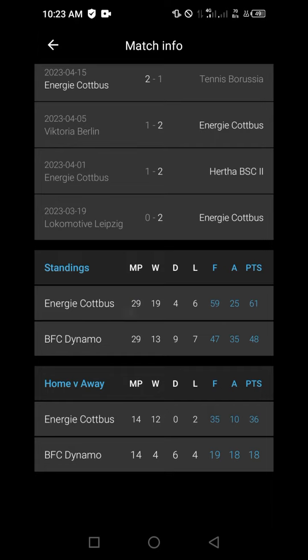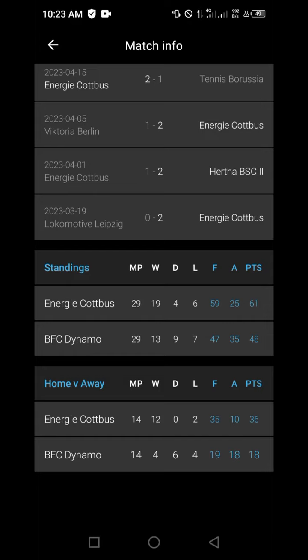We are going to draw a line of range to concentrate on when it concerns over 1.5 or 2.5 goals. So in this case, we take 59 divided by 29 and see what number we are going to have. The number we have will reflect the average goal scoring rate of Energie Cottbus.